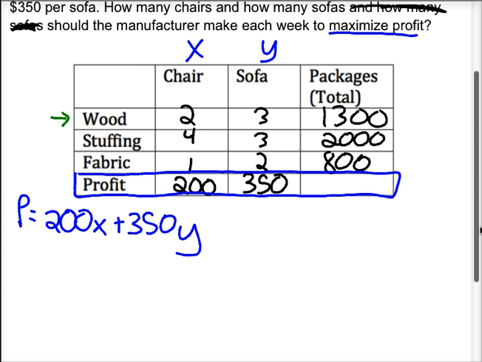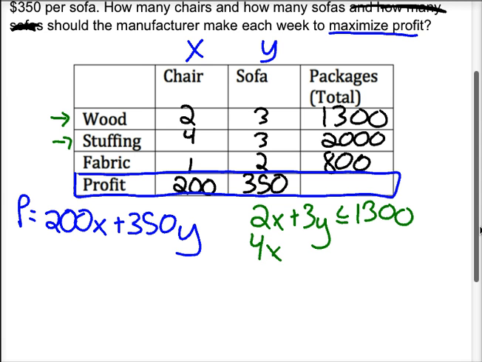So this wood becomes a constraint. 2 for every chair, 3 for every sofa. I can only use up to 1,300. That's as many as the store area can hold. For stuffing, 4 per chair, 3 per sofa, and I can only use up to 2,000.